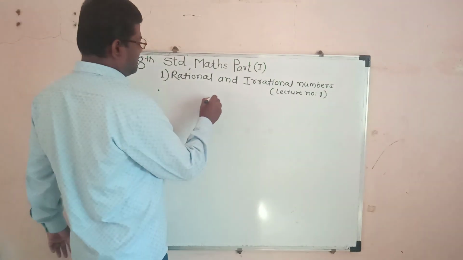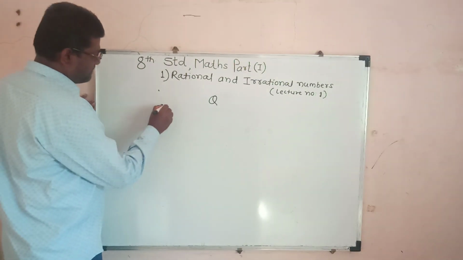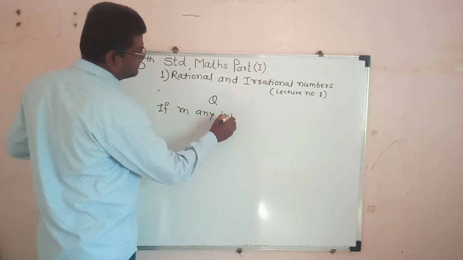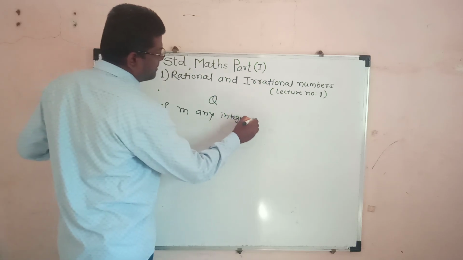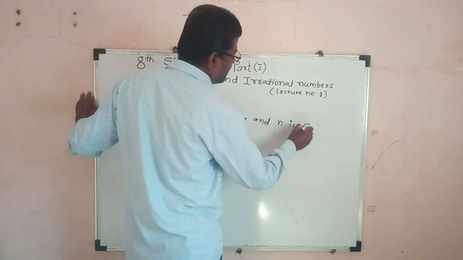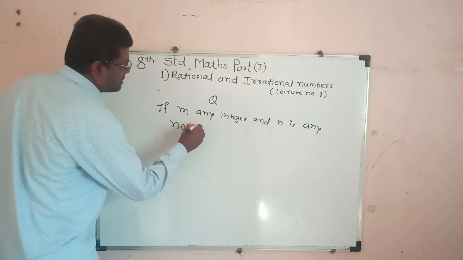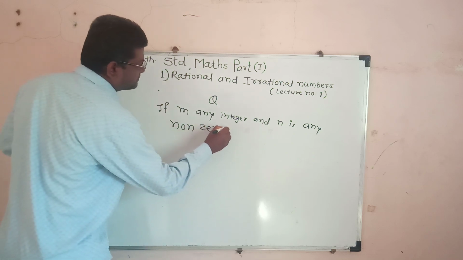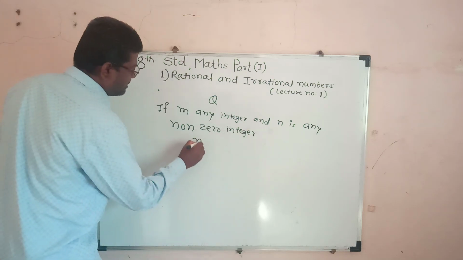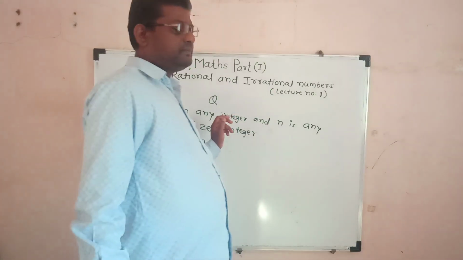The rational number set is denoted by Q. If m is any integer and n is any non-zero integer, then m upon n is called a rational number.